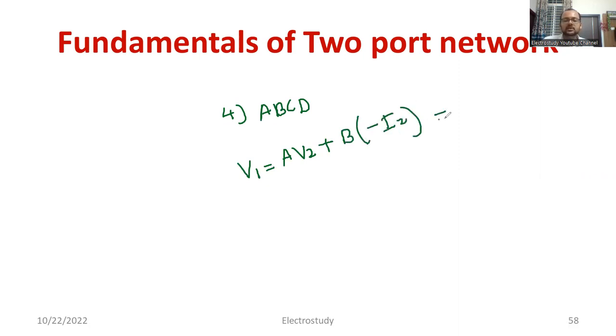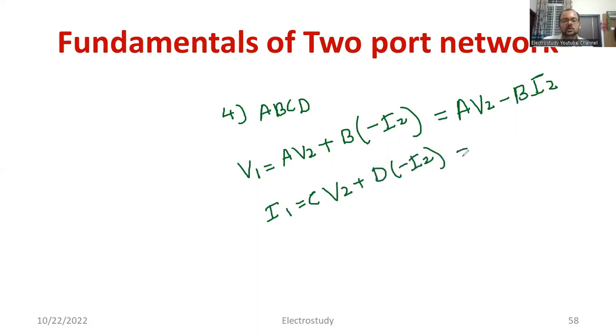Or you can write A V2 minus B I2. Correct, no? Anything is fine, whichever is convenient you can follow. I1 is equal to C V2 plus D of minus I2. Else you can write C V2 minus D I2.